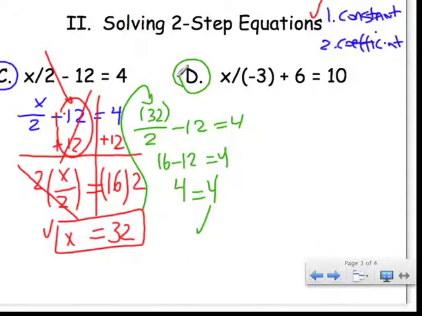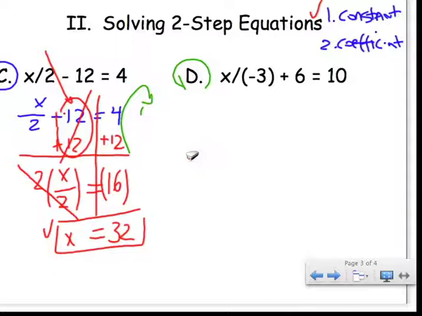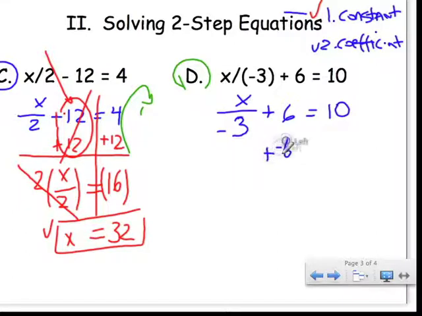Press play when you're ready to check your answer. Okay, you've tried to solve D, which says x divided by negative 3 plus 6 equals 10. Your first step was to cancel the constant of 6, so you should have added negative 6 to both sides.